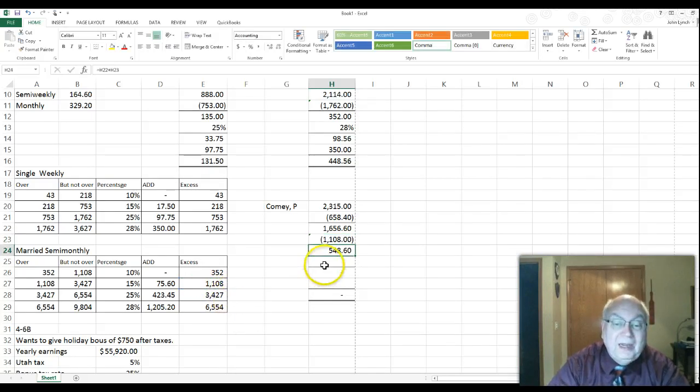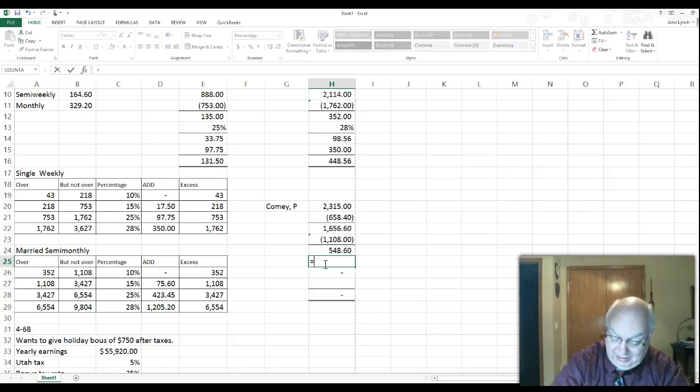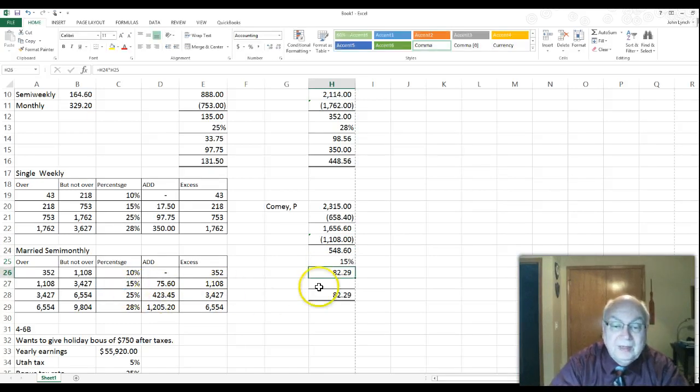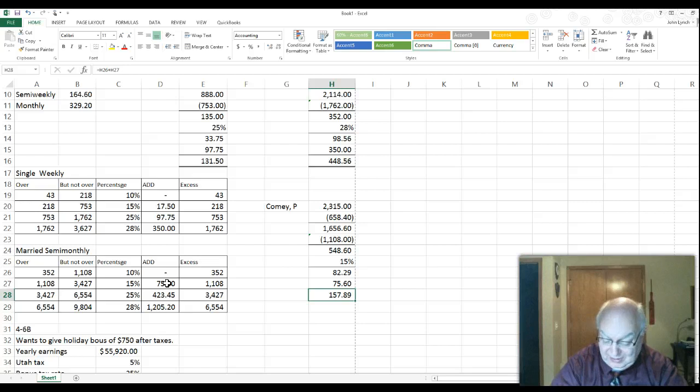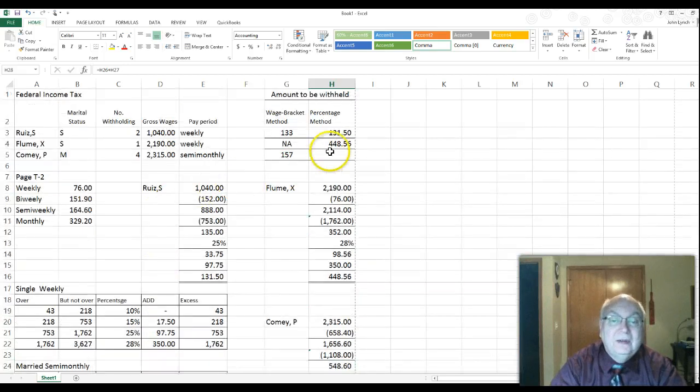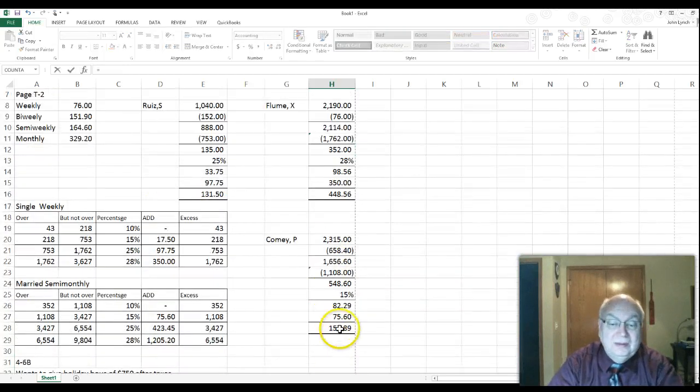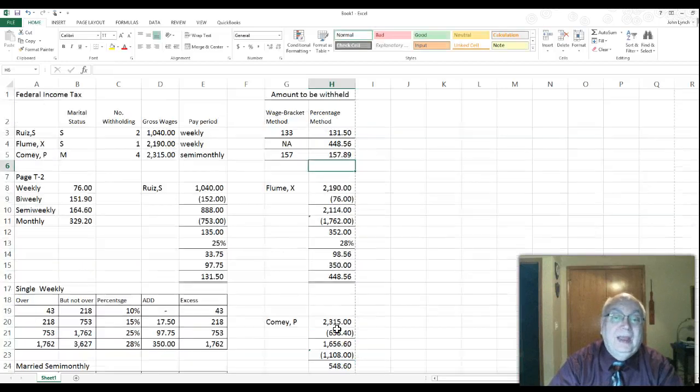It gives us 548. The tax rate for that individual is 15%. And then we also add the 75.60 to that, so the tax is 157.89. Hopefully that helps on that section of it.